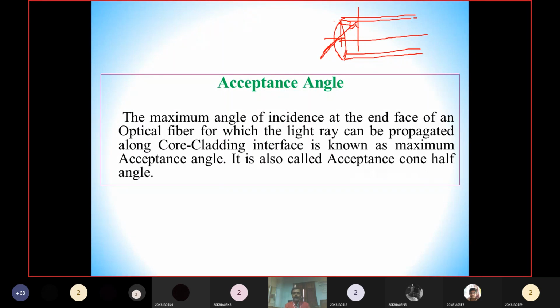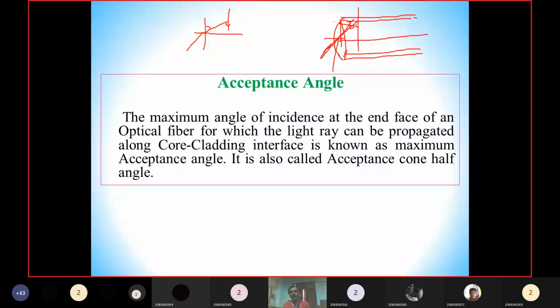Otherwise, if we apply a light ray at some other angle, it bends somewhere else. Suppose I apply one ray from the air interface; whenever it enters the core, it will refract at some angle, and that refracting angle should make an angle at the interface greater than theta c.